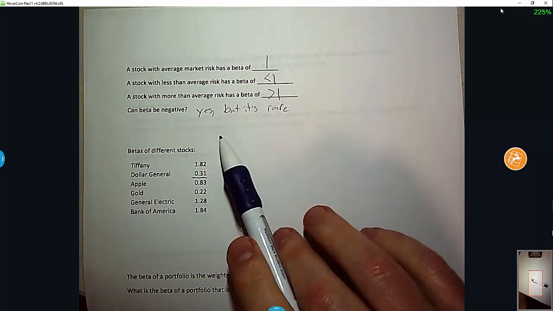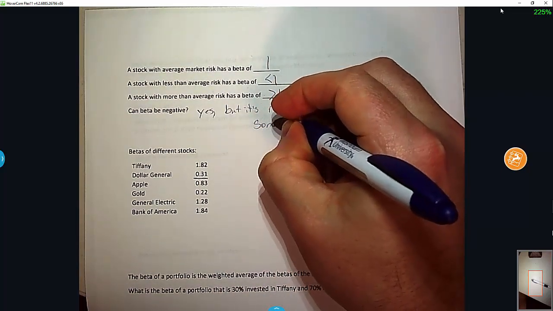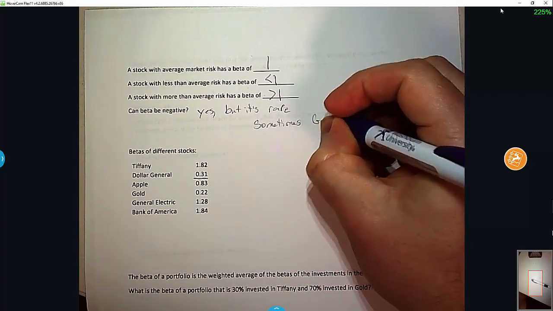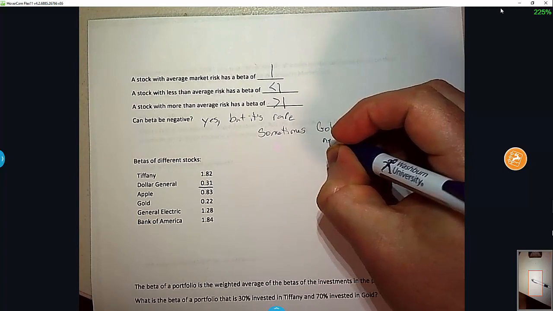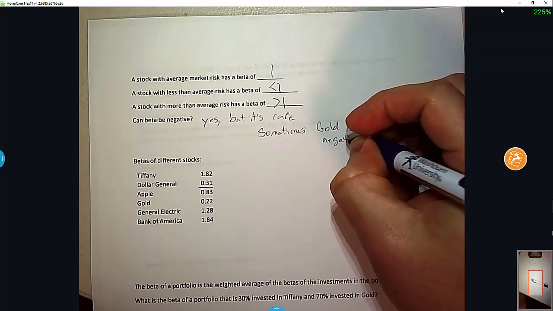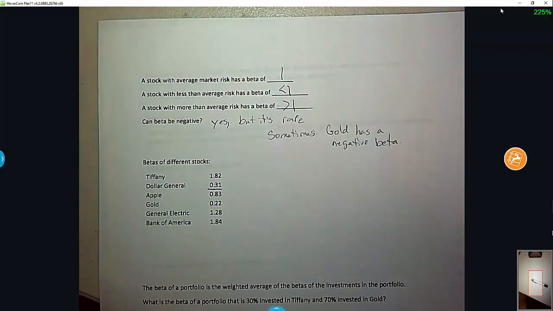So what else produces a negative beta? Sometimes gold, especially during the last financial crisis. The value of gold went up to about $1,800 per ounce, which was a record high.